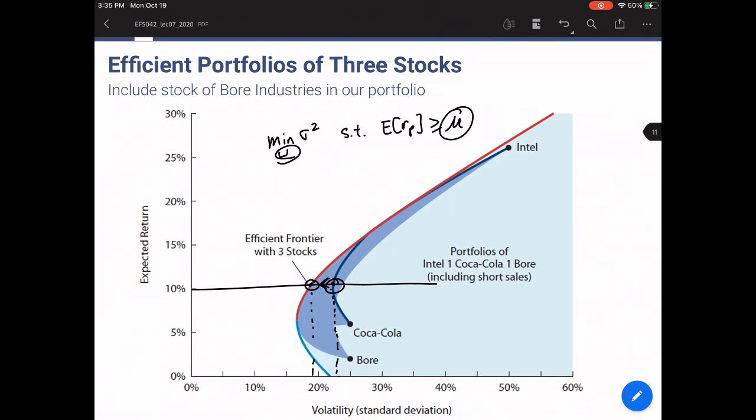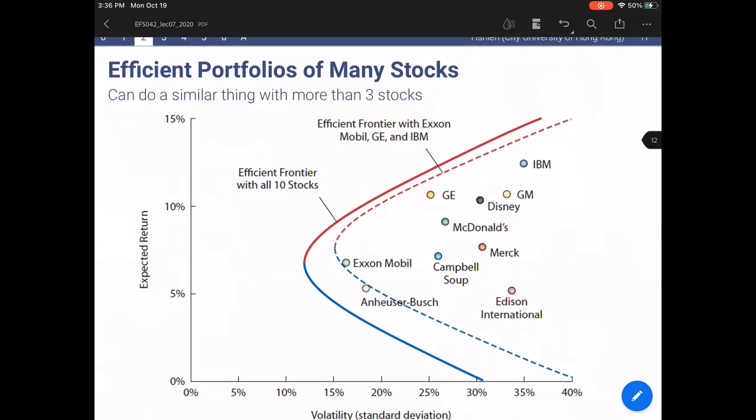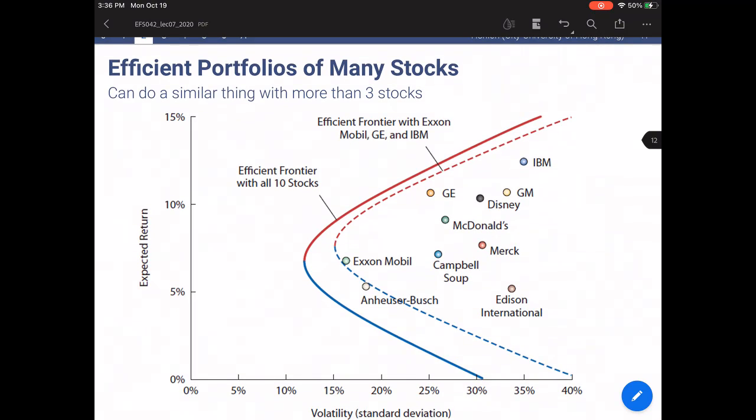All right, so let's look at a portfolio of many stocks. So I think there are 10 stocks or more here. So how do we construct a portfolio of 10 stocks, and what does that look like when referenced to just a portfolio possibility of just a few stocks?